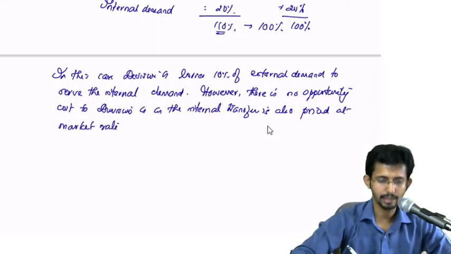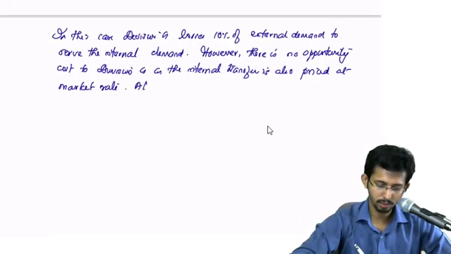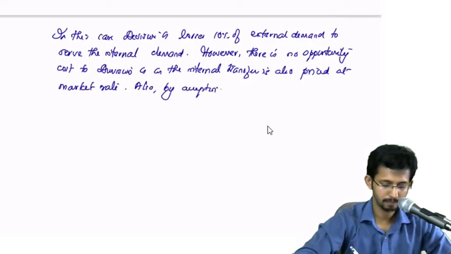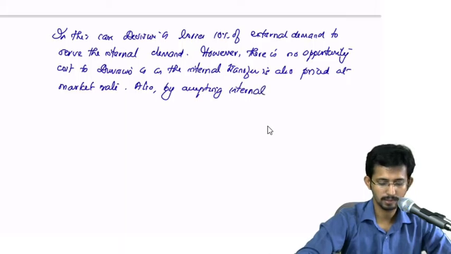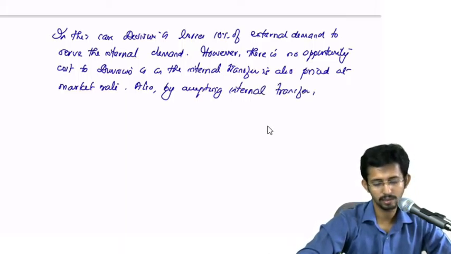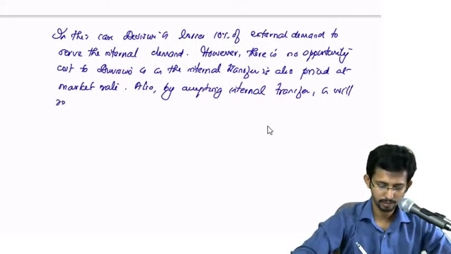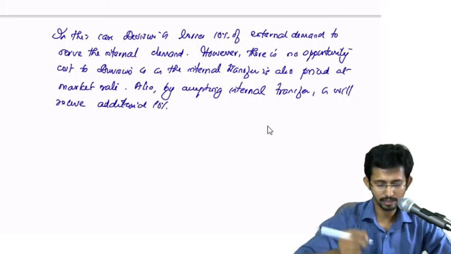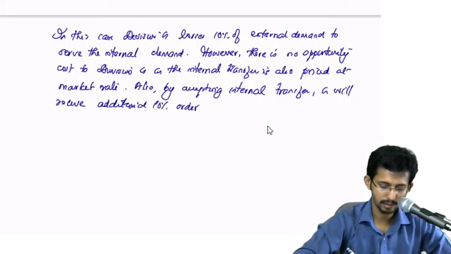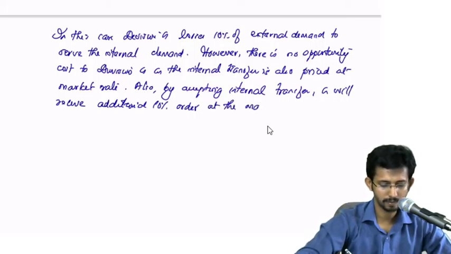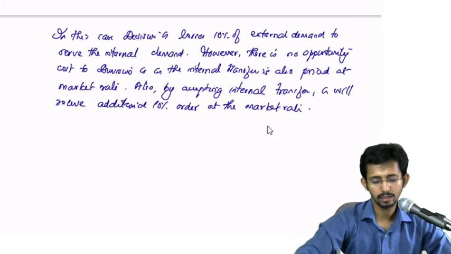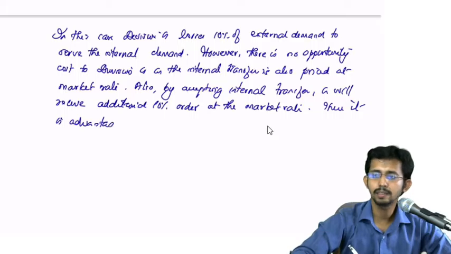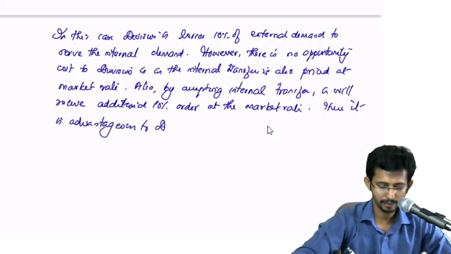Is it clear? Also, by accepting internal transfer, G will receive additional 10% order at the market rate. Thus, it is advantageous to division G.